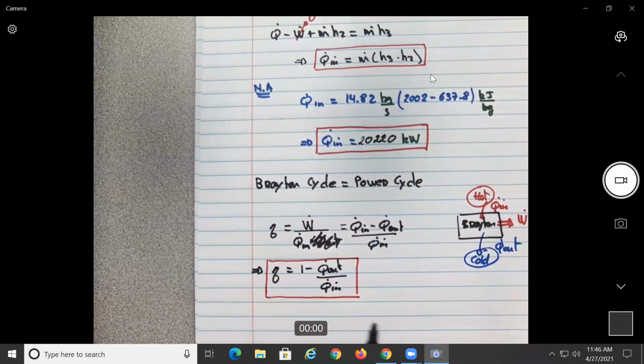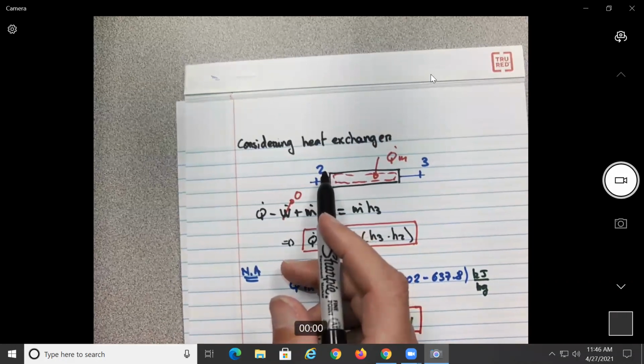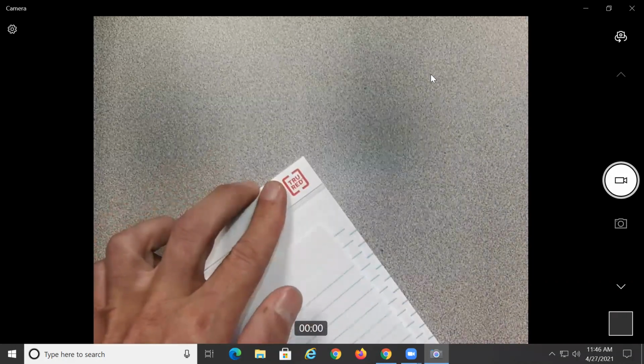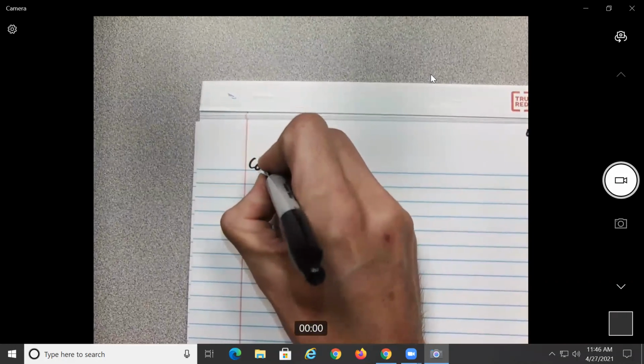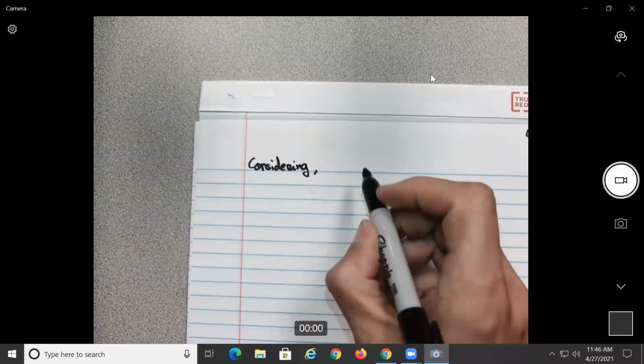So what does that mean? That we need to find Q out. How do we find Q out? The same way we did for this one, no? Yeah, okay. So let's do it. So let me write over here, considering the other heat exchanger.